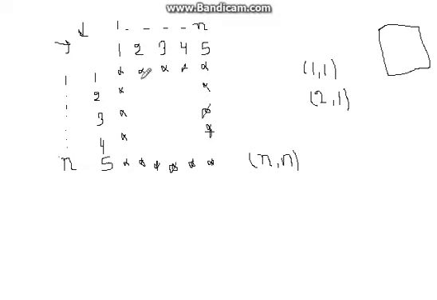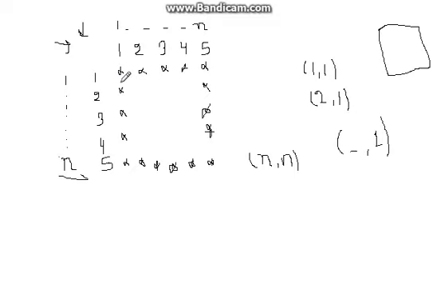Means in the first column we have a total number of stars equal to 5, that is equal to n. The number of stars is equal to n, and here also the number of stars is equal to n. So in the column, the place is always 1, that is the value of j that we will take in our loop.